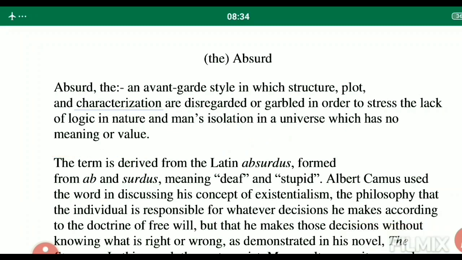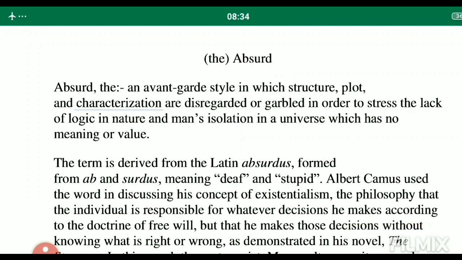So hope you understand, absurd means there is nothingness, there is nothing meaningful in the life or nature or universe of a human being basically. This is represented in various plays of the modern era to which this particular term absurd has been given.